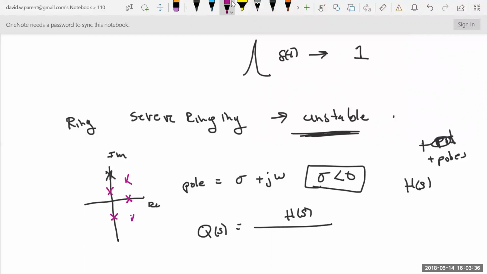It can be complex. They're there, right? Okay. Can you come up with a G(s) that makes it stable?